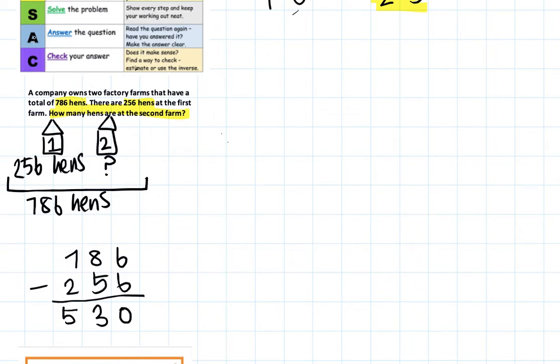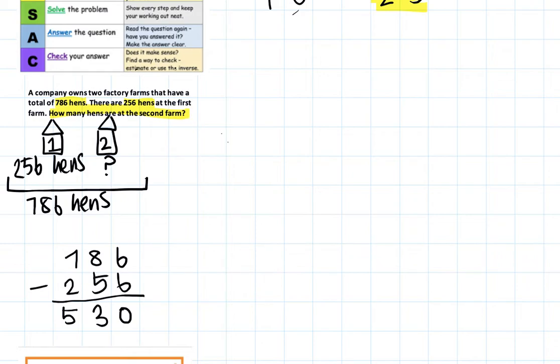Next step, A. Answer the question. Read the question again. Have you answered it? Make the answer clear. Okay, let's read the question. A company owns 2 factory farms that have a total of 786 hens. There are 256 hens at the first farm. How many hens are at the second farm?